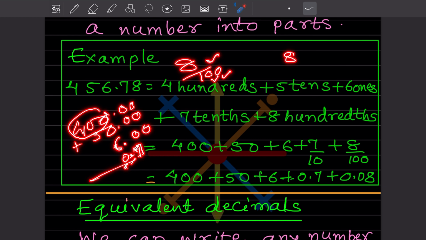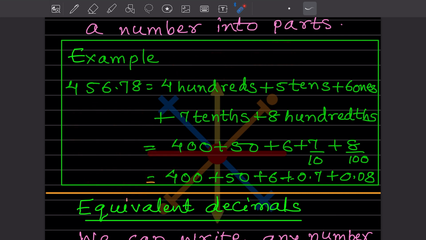So 8, go backwards by 2, since there is only one number you put a 0 here, and this is 0.08. Add all of this in the vertical way so you get the correct answer. So it is going to be 456.78. We just had to expand it, and I showed you how you got that number. 7 by 10 means 0.7. 8 by 100 means 0.08.